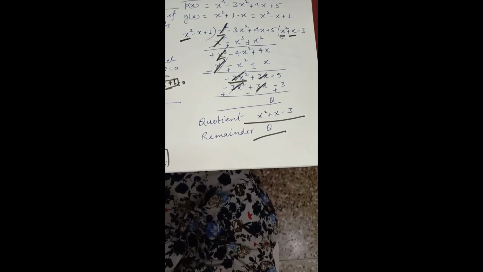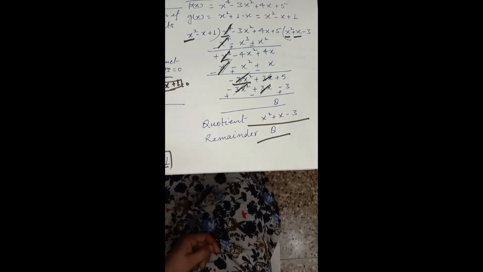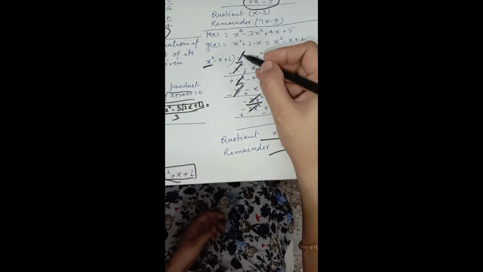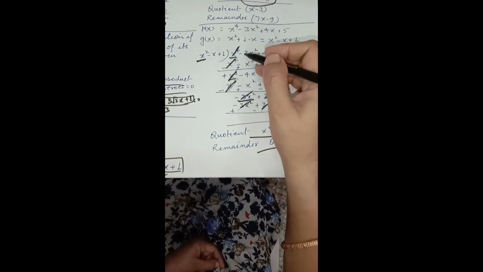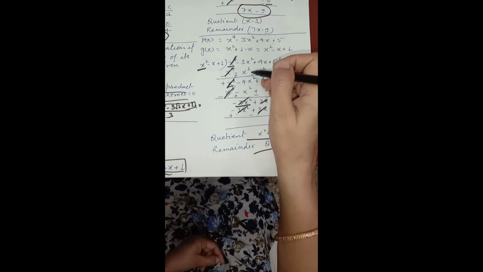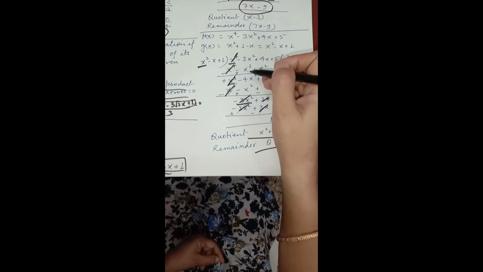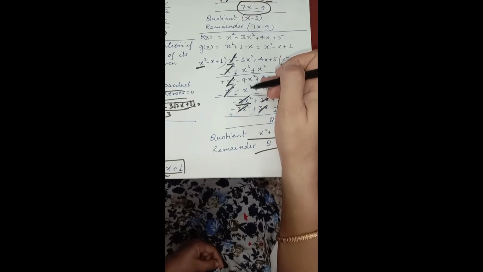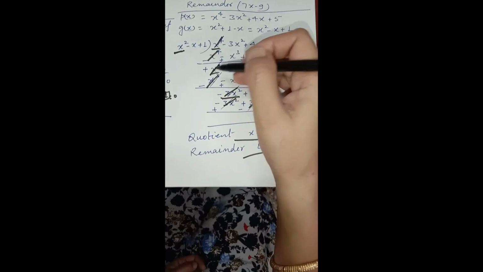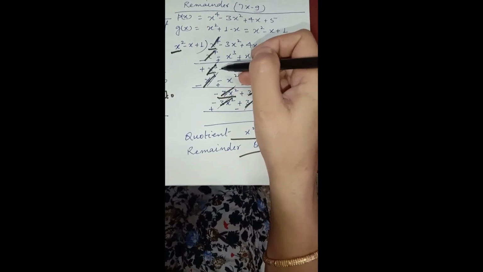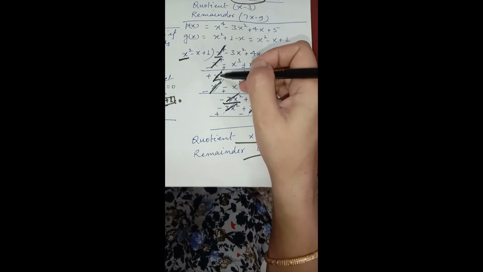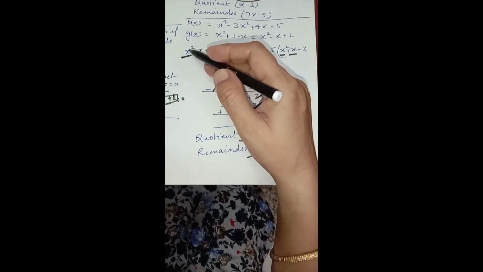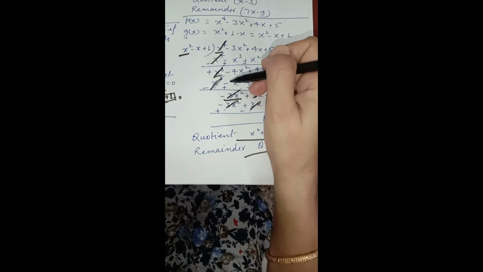So in this way you will divide. Whenever you have to divide, you just check the first term of the dividend and the first term of the divisor. If there is no term of that particular degree, then you will copy to the next level. And again, while dividing, in the next step you will check the first term of the next step dividend with the first term of the divisor, and you will divide in the same way.